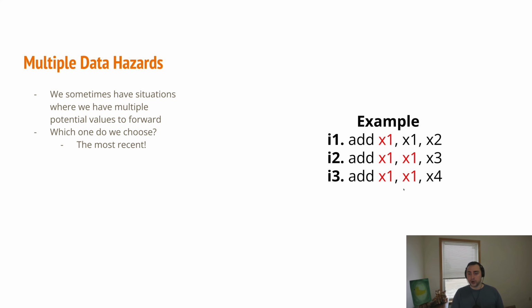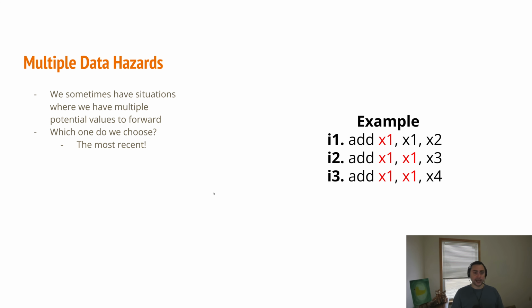So I'm expecting the most recent value whenever I execute I3. I don't really care that underneath the hood you have pipelining going on. That's what I'm expecting as a programmer writing this assembly. So in order to keep up that layer of abstraction, we have to make sure we're forwarding the most recent value to our instructions.